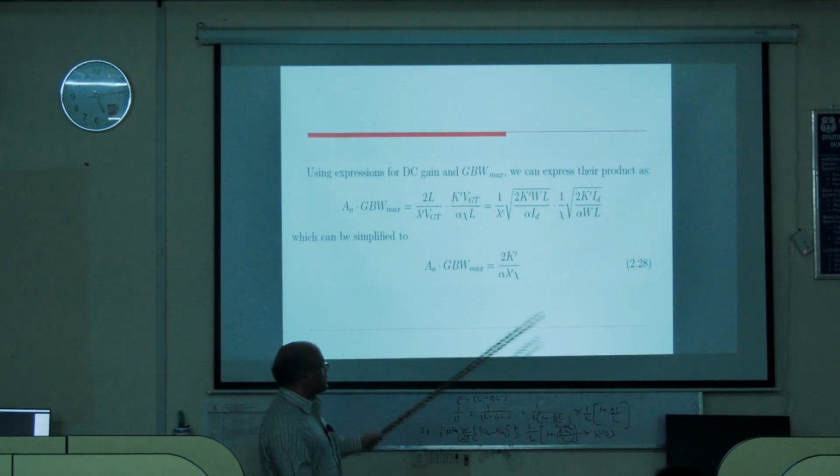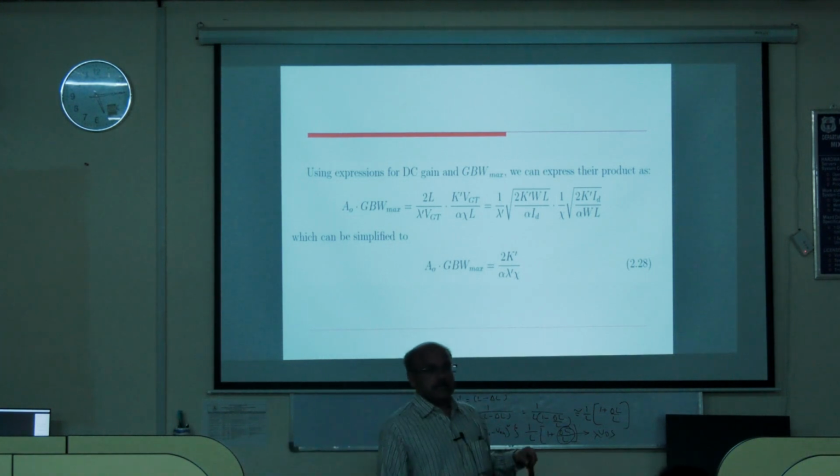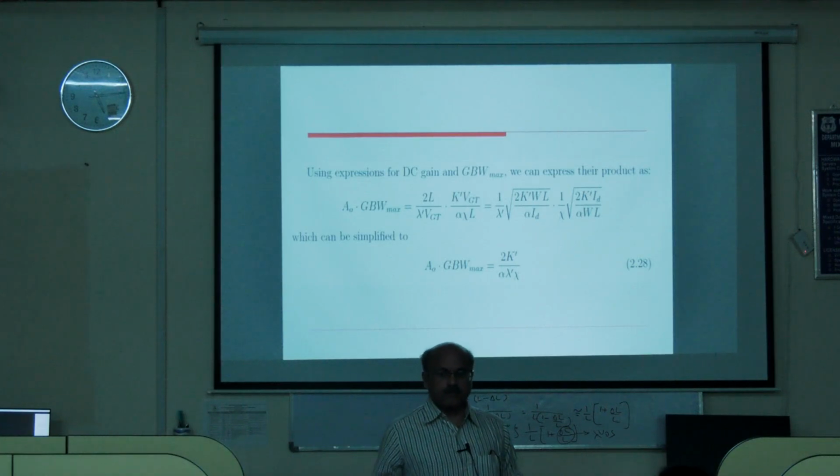The observation is that it is not a function of the voltage, the current, or W or L. That means the gain and GBW maximum product is fixed for this topology. If I want to improve it, I can't do it. Nothing is in my hand: voltage is not there, current is not there, W is not there, L is not there.